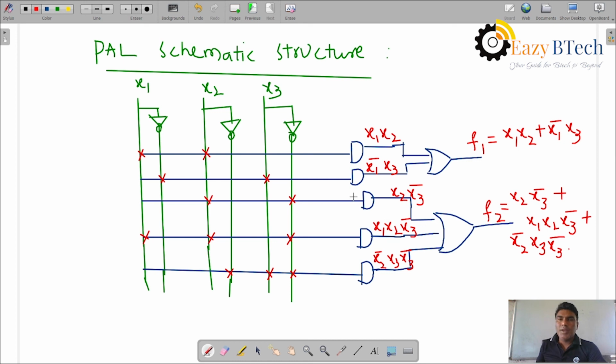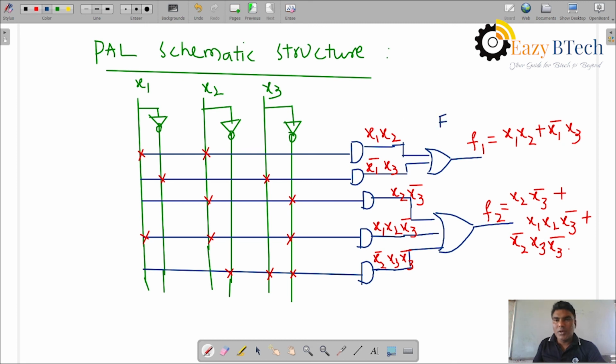According to whichever functions f1, f2 are given, we connect the cross marks, which then go to the AND gate. The AND gate is programmable, and the OR gate is an external fixed OR gate.